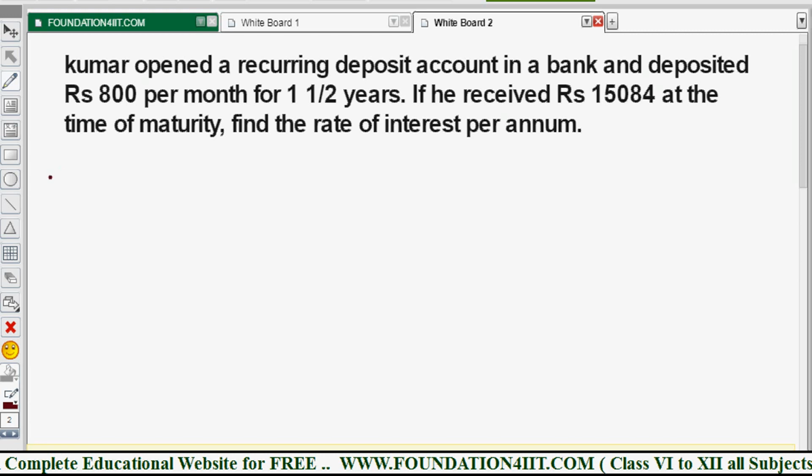Here, the given data is P is equal to rupees 800, and n is the number of months, so n should always be in months. 1 1/2 years, 1.5 years, is 12 plus 6, so 18 months.